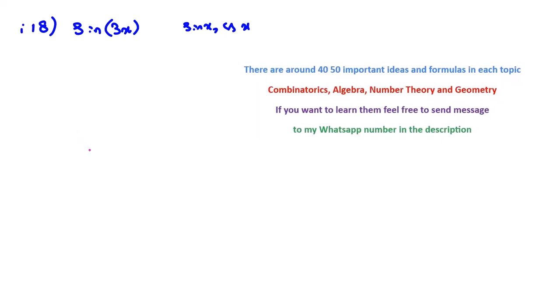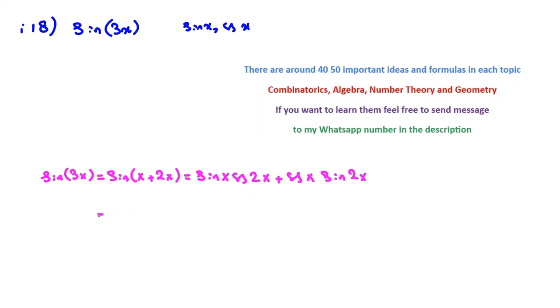Okay, so let's try this part together. Sine 3x is sine of x plus 2x, which is sine x cosine 2x plus cosine x sine 2x. Okay, so then we can say it is sine x times cosine 2x, which we can write as 2 cosine squared x minus 1, as I told you in previous ideas, plus cosine x times sine 2x.